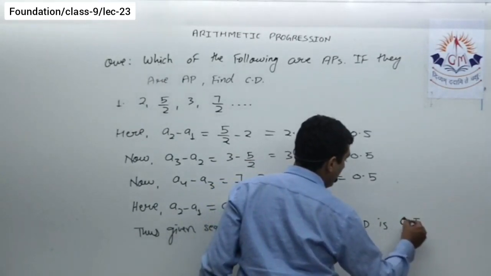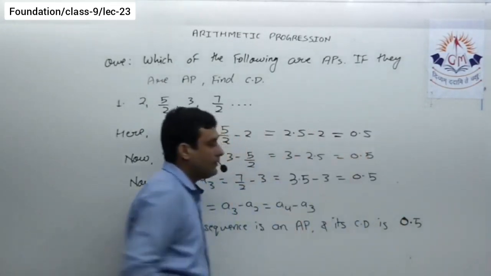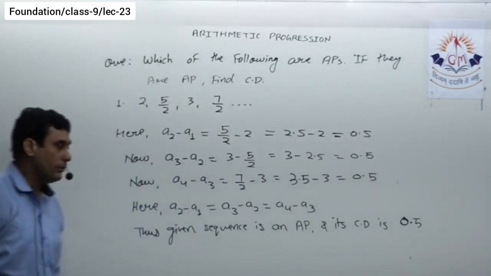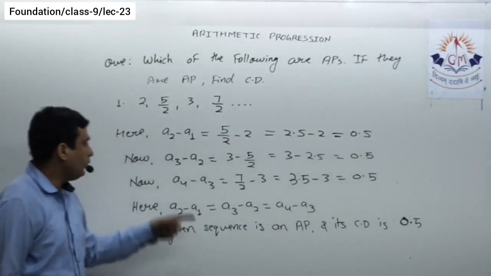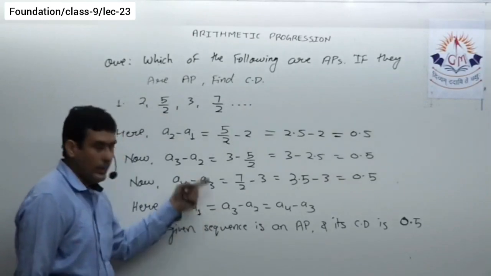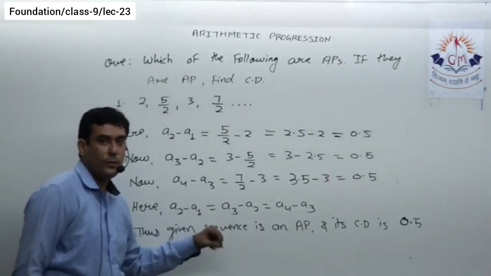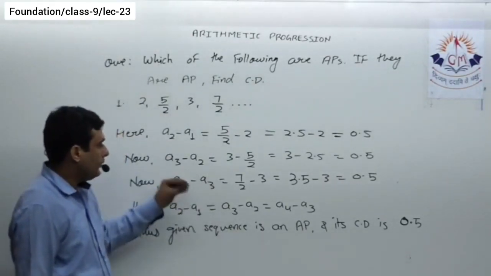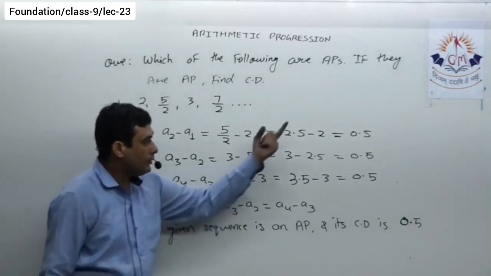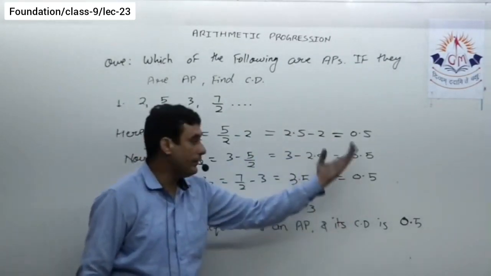What we are getting is the same in each and every case, so that is the common difference. So this works in two ways. We'll be able to identify whether the given sequence is an AP or not, and as soon as you identify this is an AP, you will get the common difference as well if it is the same.